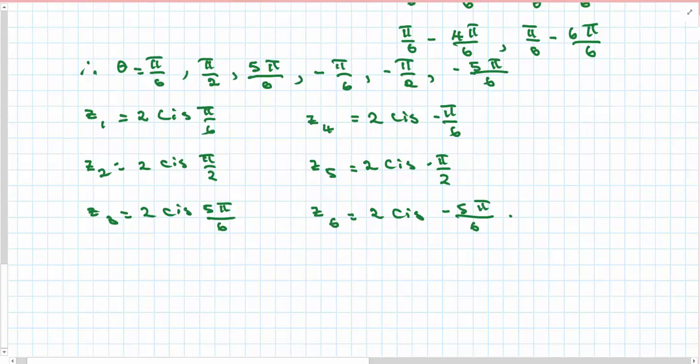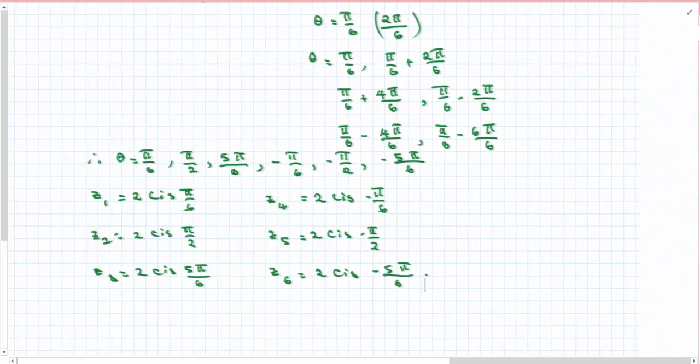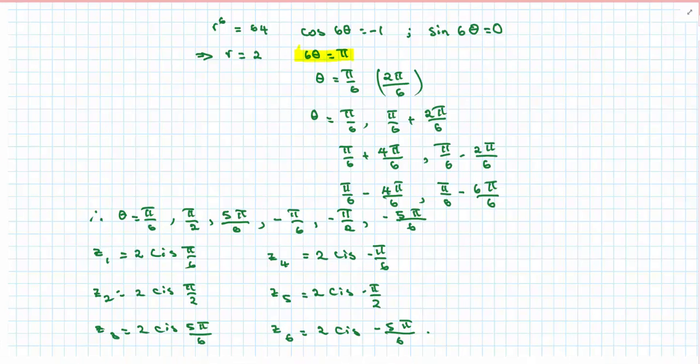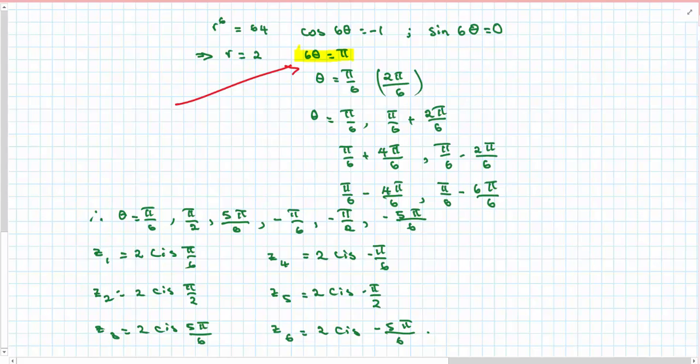Now, of course, as before, at this stage, rather than think about dividing the argand diagram into 6 sections, I could have written 6 theta is equal to pi plus 2k pi, and then theta equals pi plus 2k pi on 6.